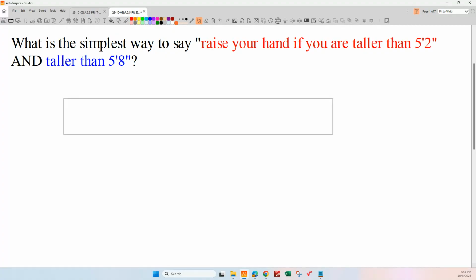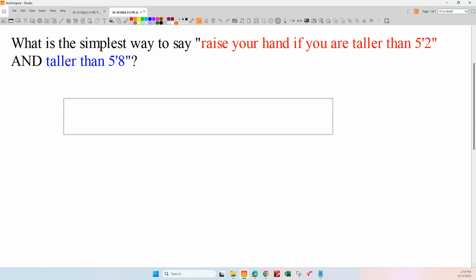Okay, let's take a specific example. What if you're 5'4"? Are you taller than 5 feet 2? Yes. Okay, good. Are you taller than 5 feet 8? No. So are you taller than 5 feet 2 and taller than 5 feet 8? You're not, right?